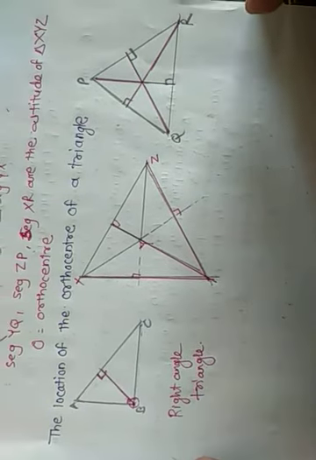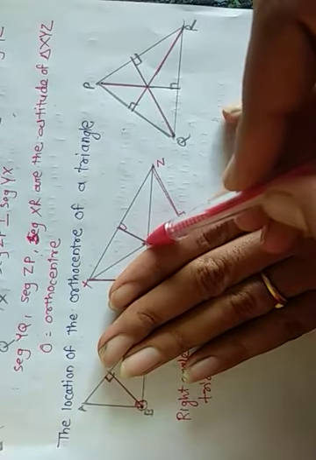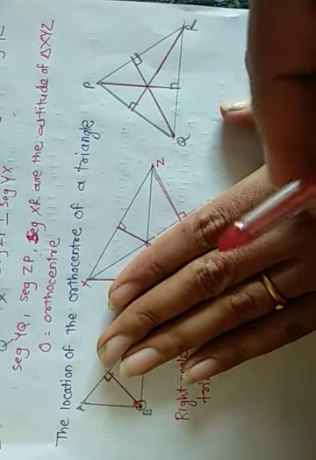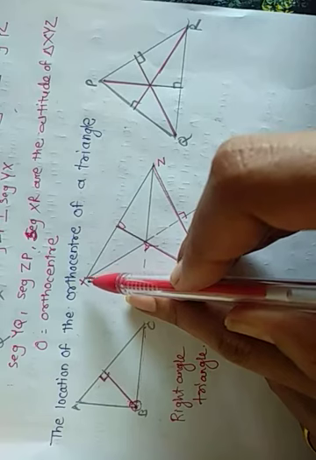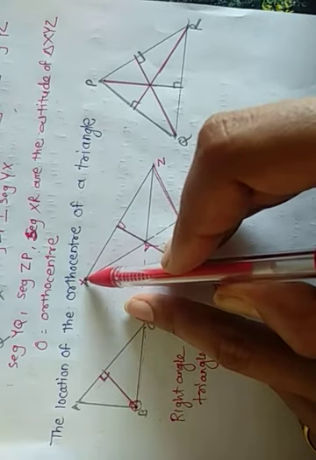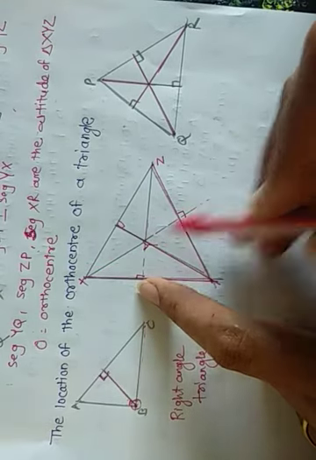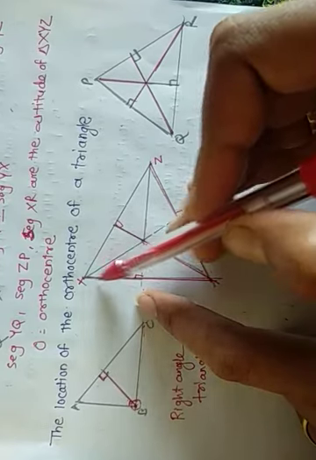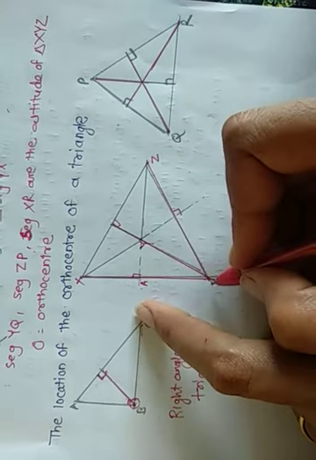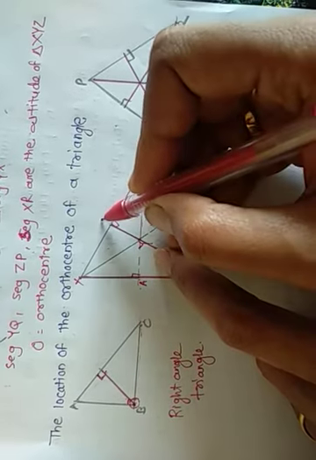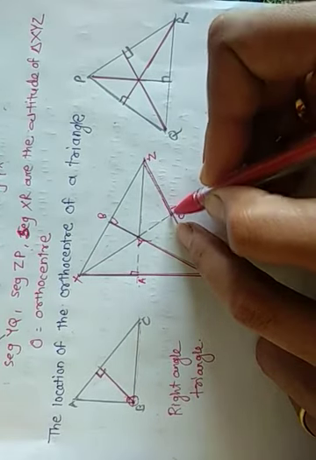Let's see the next figure. This is XYZ. This is the obtuse angle triangle. If you draw the altitudes of the triangle from all vertices, see, we extend this side and we extend the side XY also, and if you draw the altitude from X, XA is the altitude, from point Y, YB is the altitude, and from Z, this is ZC, the altitude.